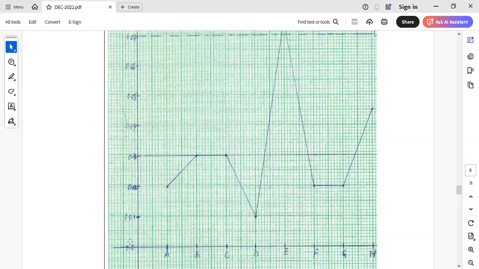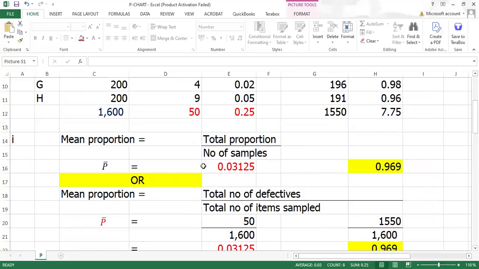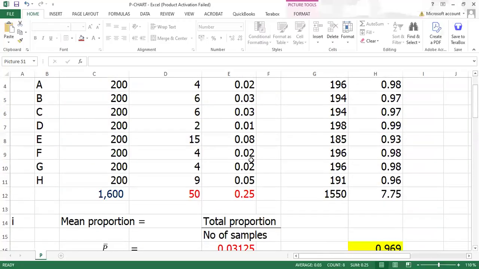Don't just rush, because on the vertical axis you want to plot even the upper control limit. So as you come up with a suitable scale, you look for the highest value from all your proportions.